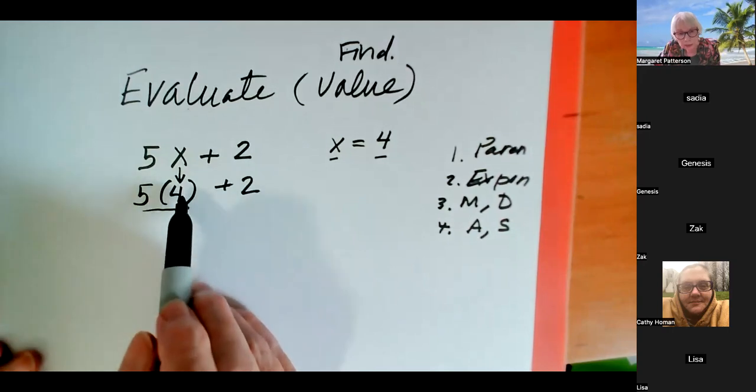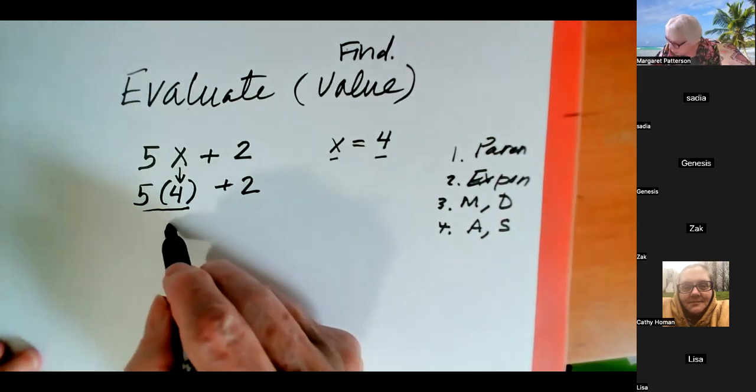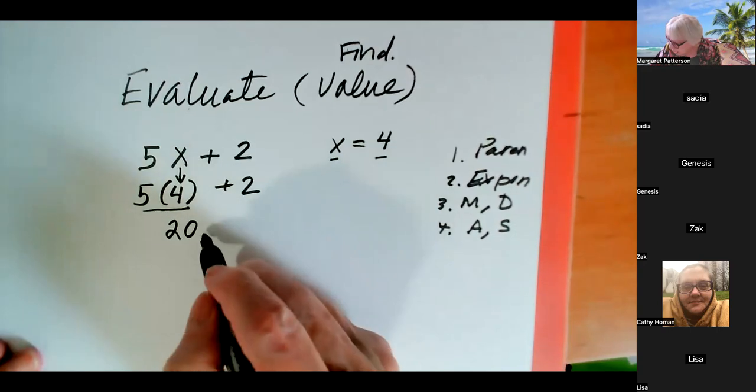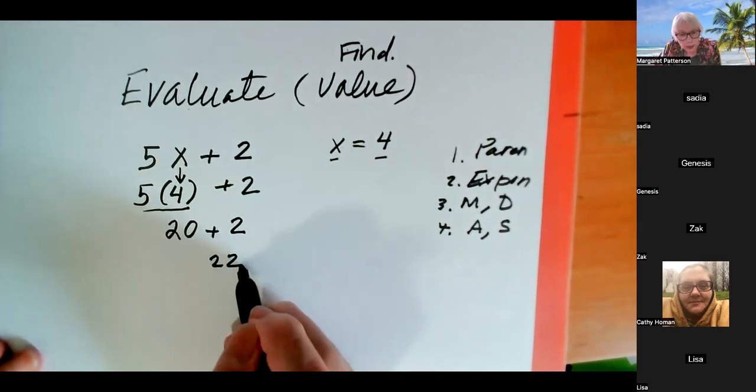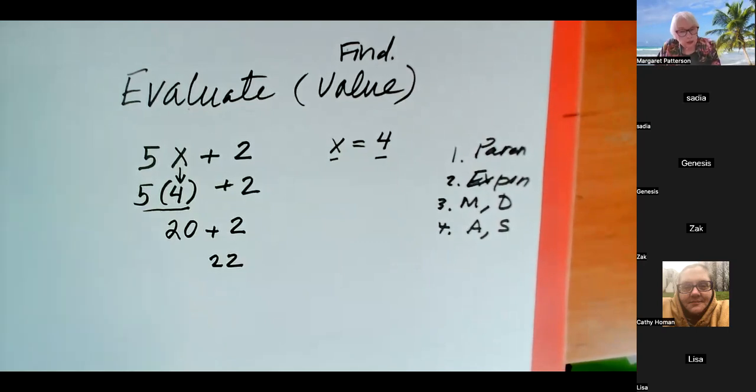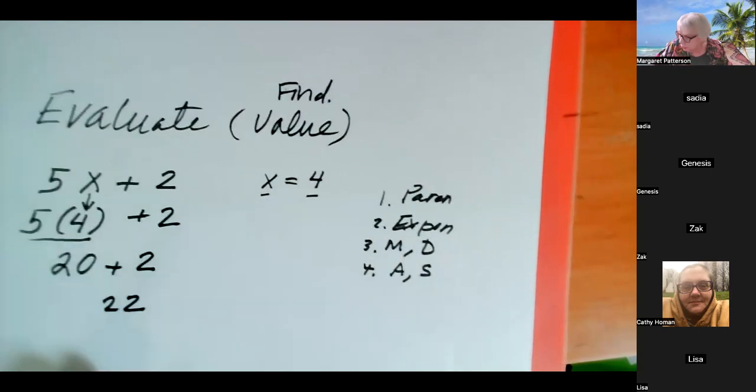So 4 times 5 is 20. Now we can add the 2. And so this is 22. You've probably done a little bit of this already, but we definitely wanted to remind you of these issues.